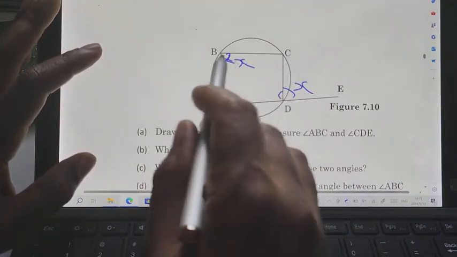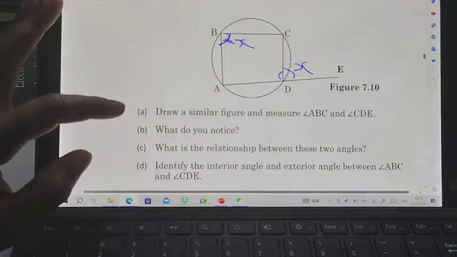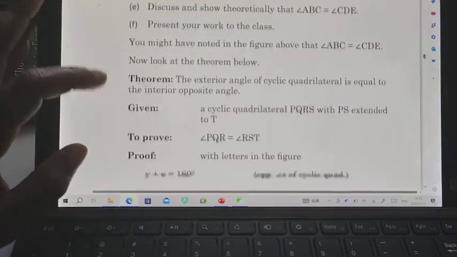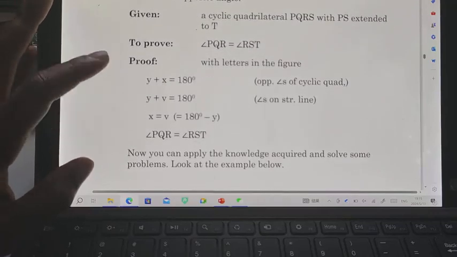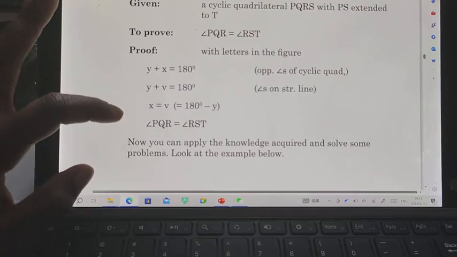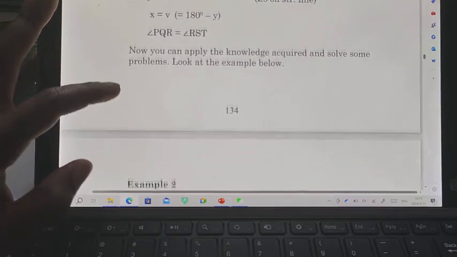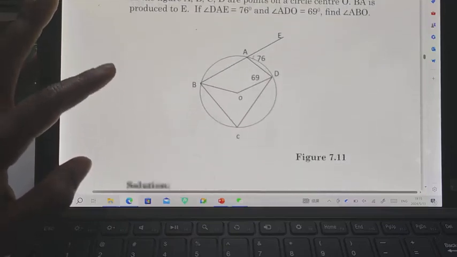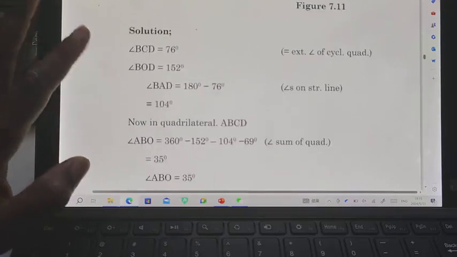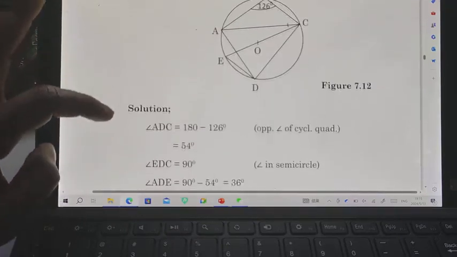So the interior opposite angle is equal to the exterior angle. We also showed how to derive that. Please go back and look at that video before you proceed. And we had this example. So today we will be finishing this topic.